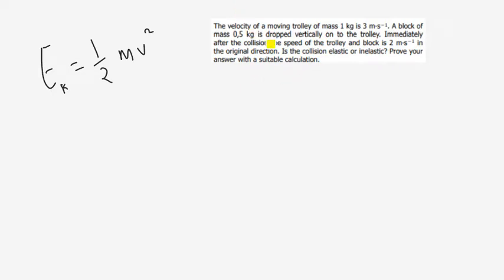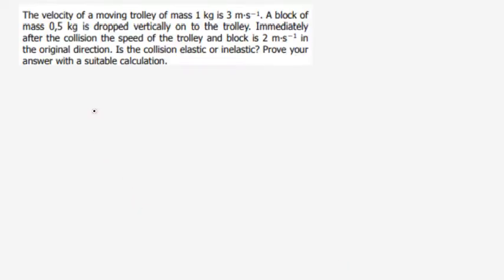Mostly we know that to prove whether it is elastic or inelastic, the only thing you need to check is if the kinetic energy that it had before is equal to the kinetic energy that it will have after the collision. So now let's work it out.